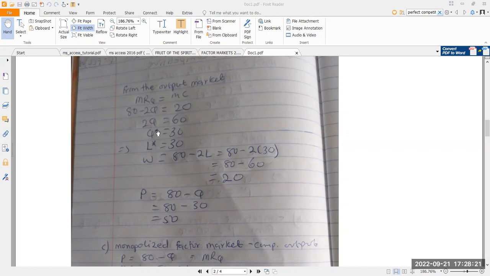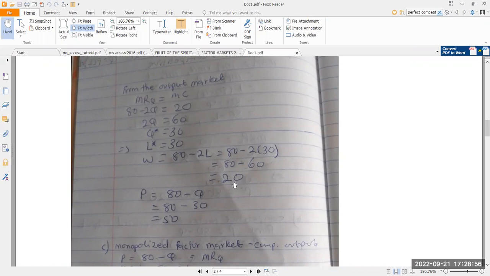For a monopolist, they try to limit or restrict output so that they can charge a higher price. So he's only paying a wage of 20, but he's charging a price of, remember, P is equal to 80 minus Q. Q is 30, so 80 minus 30 is 50. So he's only paying a wage of 20, but he's charging a price of 50. Under competition, he paid a wage of 20 and charged a price of 20, so he was breaking even.